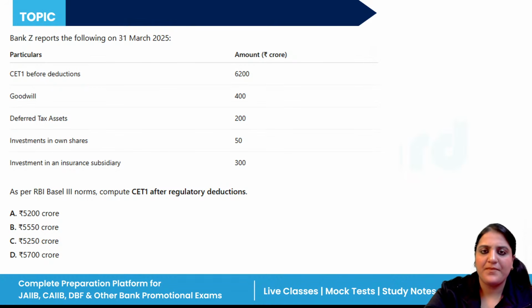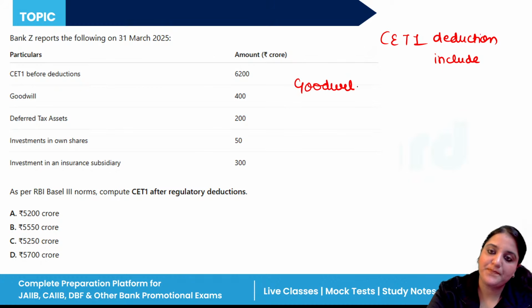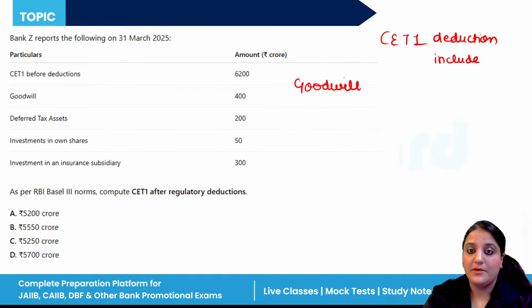Very simple. We know that according to the RBI Basel III norms, the CET1 deductions include goodwill, which is fully deducted, right?